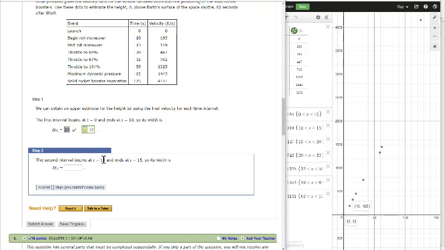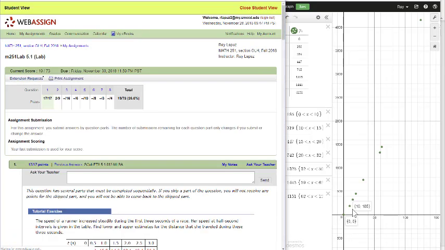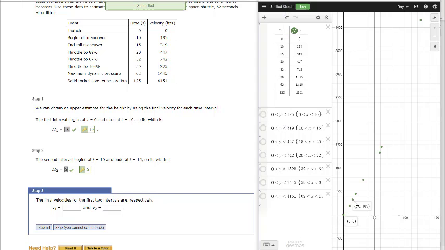The second interval starts at 10 and goes to 15, so the width is only going to be 5. And if you look at the distance in the graph between 10, 185 and 15, 319, the length there is going to be just 5. We use the final velocities in the two intervals, respectively.